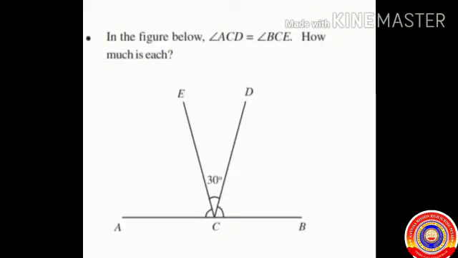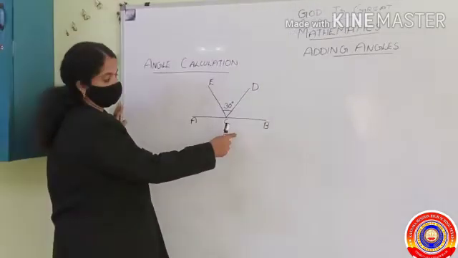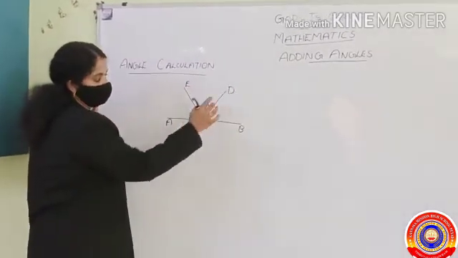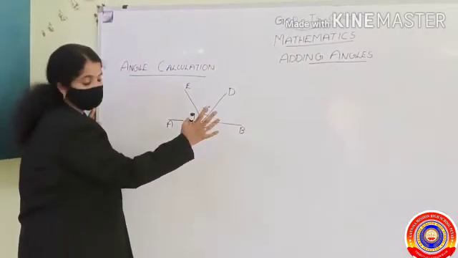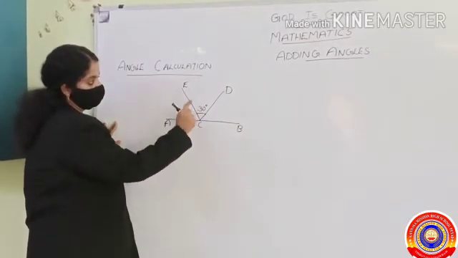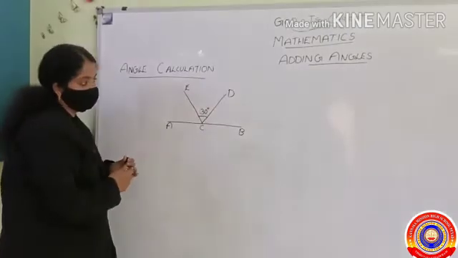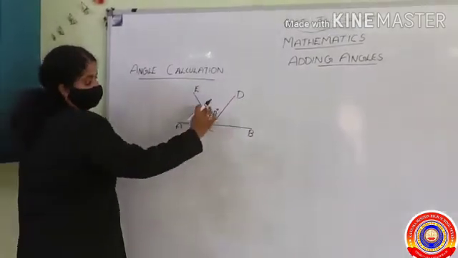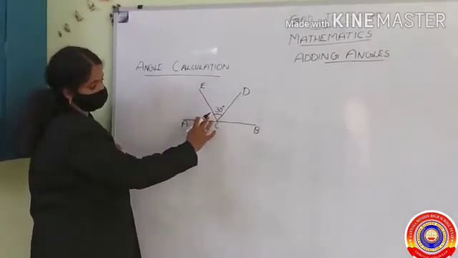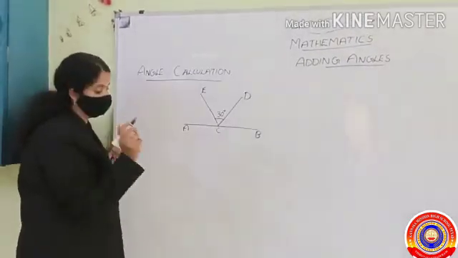Let's do another question in your textbook, page number 10. In this question, only one angle is given. Angle ECD is 30 degree. And also given that angle ACD is equal to angle BCE. We know that the sum of the angles together, that is the three angles together forms 180 degree.